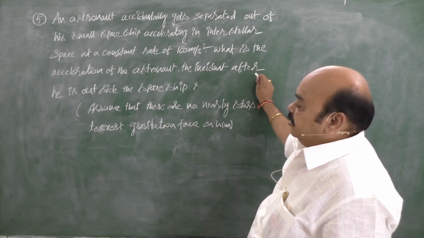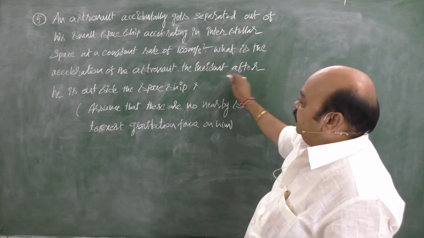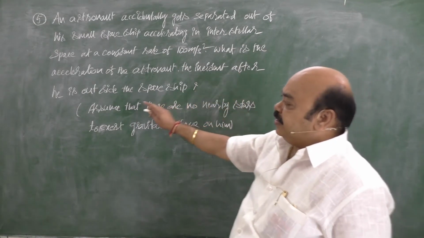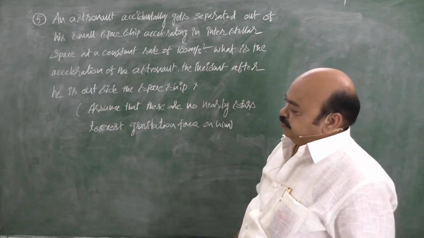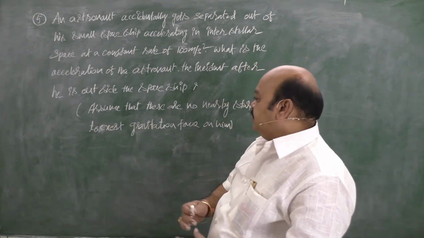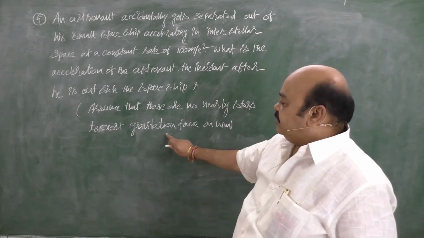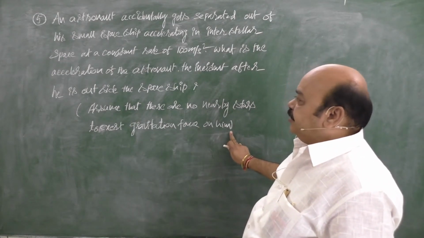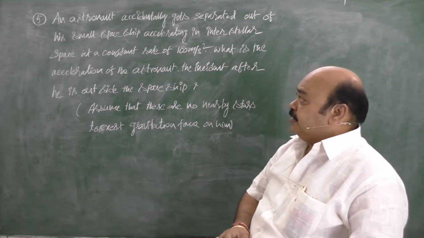What is the acceleration of the astronaut the instant after he is outside the spaceship? Assume that there are no nearby stars to exert gravitational force. So, a very beautiful question, which is theory related.